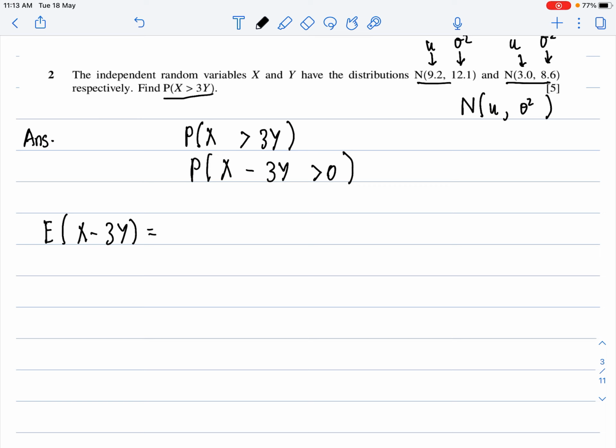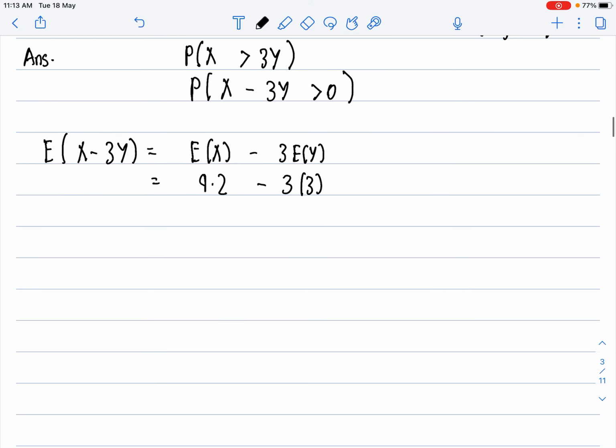So this is equal to the mean of x minus 3 into the E of y, or the mean of y. So the mean of x I know is simply 9.2 minus 3 into the mean of y, which is simply 3. So I can write this as 9.2 minus 3 into 3, which is 9. So I get 0.2 here as my mean.